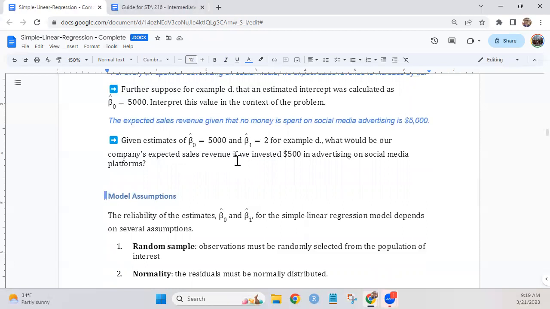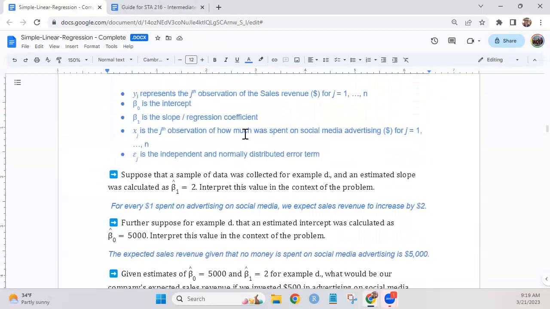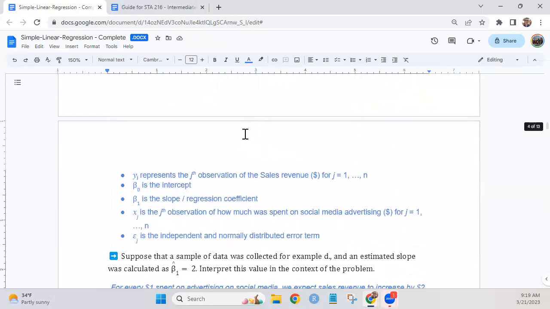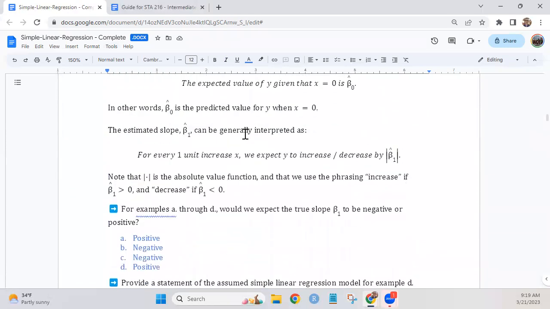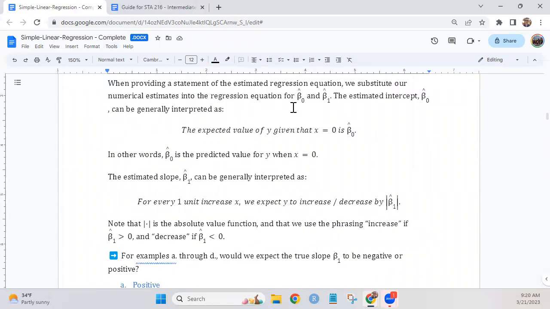Okay, so if we suppose that we have these estimates, we could calculate an expected or predicted sales revenue given an investment of $500. All right, so in that case, let's look at our equation.